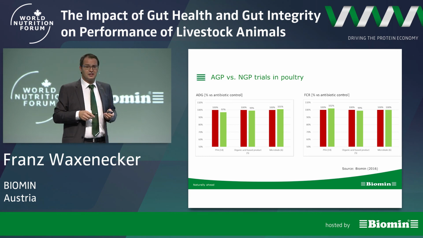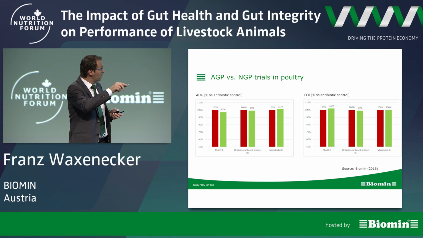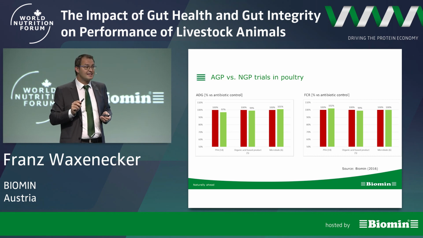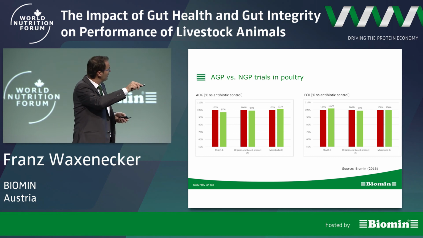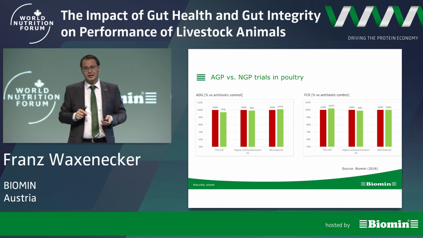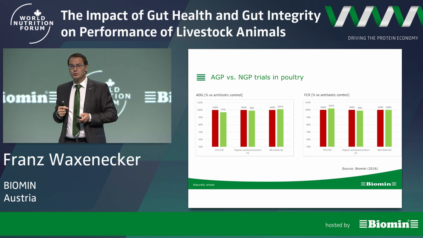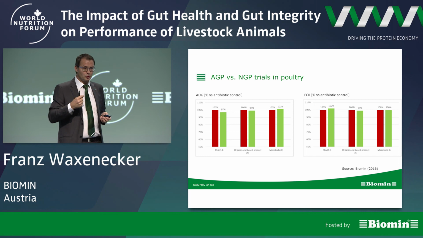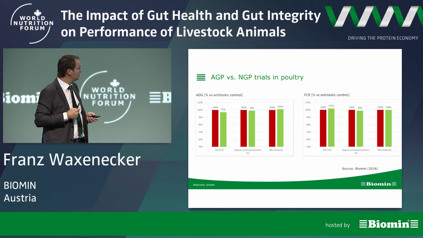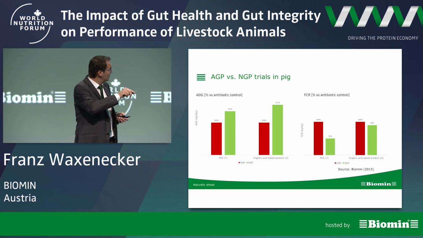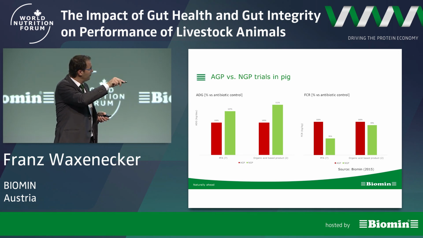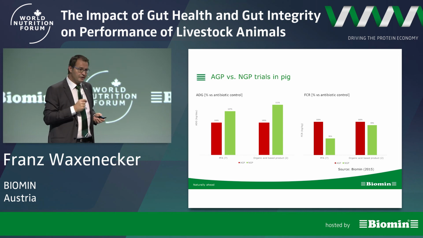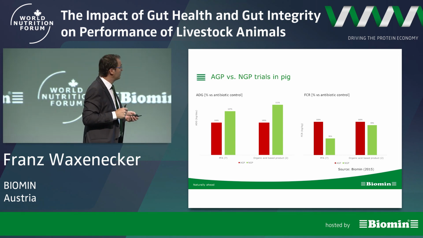And we see in this meta-analysis, and the expected value is to get similar results to the antibiotic groups, that in growth as well as in feed conversion rate, the novel growth promoters do have a similar potential to promote growth compared to the antibiotic groups. And even in pigs, we saw in both daily weight gain and feed conversion rate even a slightly better effect on performance compared to the antibiotics.